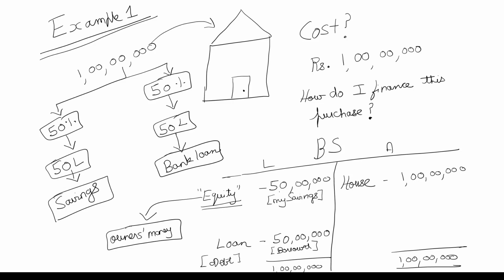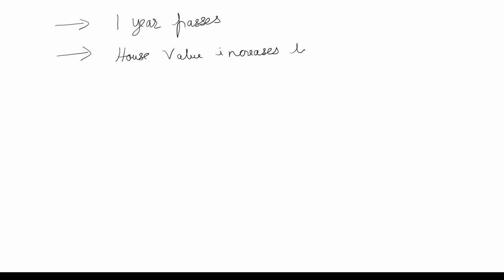Let us say some time passes by. Let me assume 1 year passes, and there is a change in the property value. Let us say the house value increases to 1.2 crores.